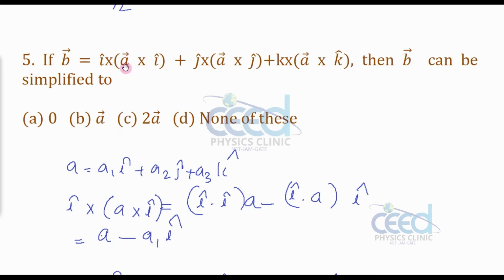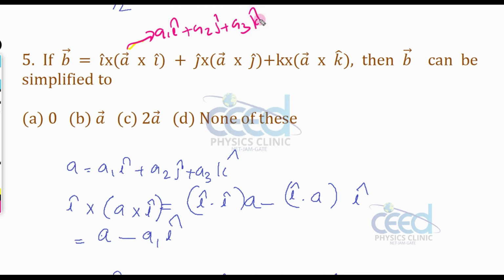A is A1 i cap plus A2 j cap plus A3 k cap. If you substitute A, you can replace A with A1 i cap plus A2 j cap plus A3 k cap.